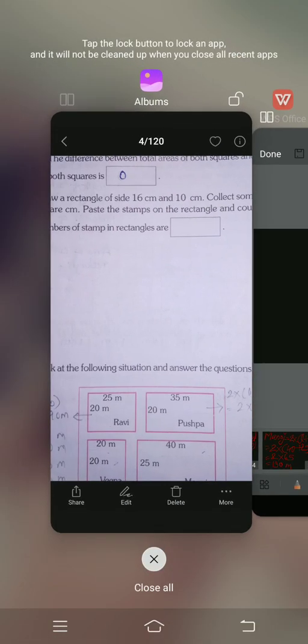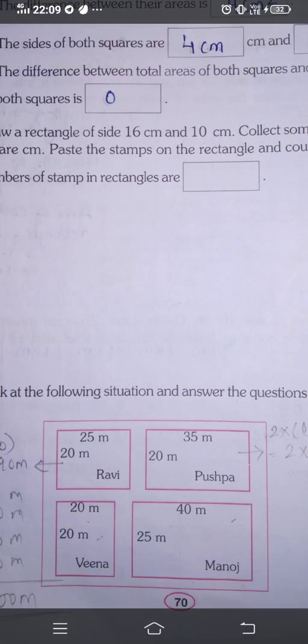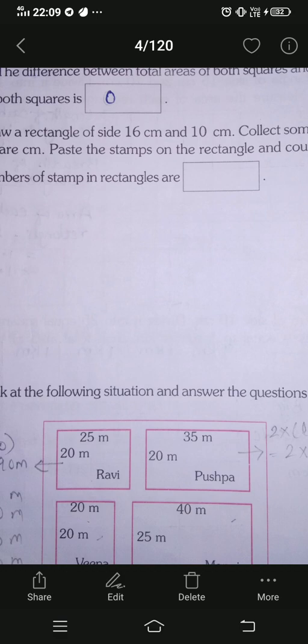I'm not explaining all the perimeters again and again. If we find the perimeter of Veena's plot using the perimeter of a square formula, we get the answer 80.